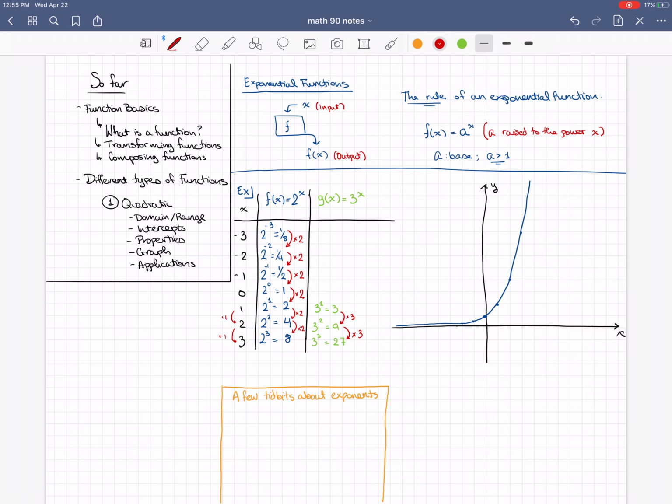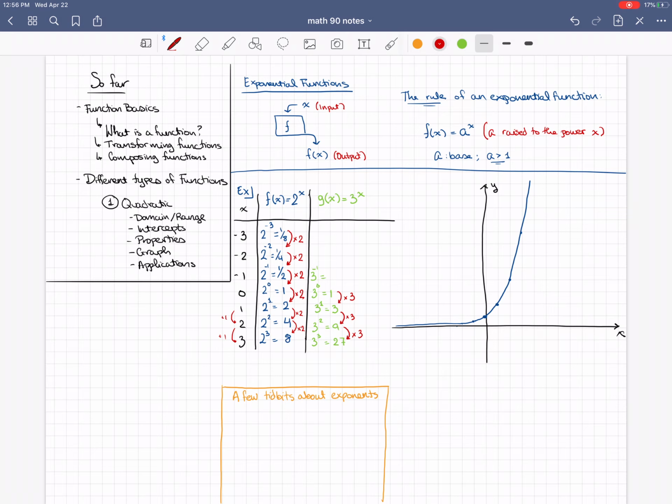Okay, so let's work our way backwards to figure out the rest of the outputs here. So 3 to the zero power is whatever you would triple to get 3. Well, what would you triple to get 3? Well, 1, of course.